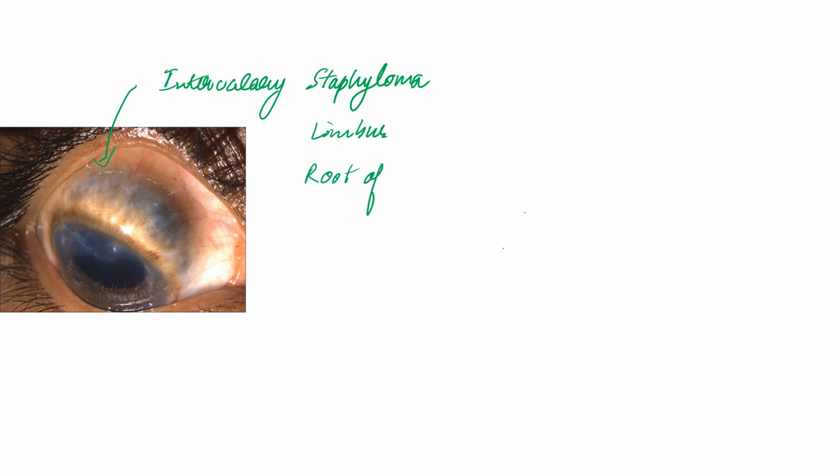Moving on to intercalary staphyloma, this picture shows a case of intercalary staphyloma. It is located at the limbus of the eye. It is lined by the root of the iris and the anteriormost part of the ciliary body. It is seen externally from the limbus up to 2 mm behind the limbus.